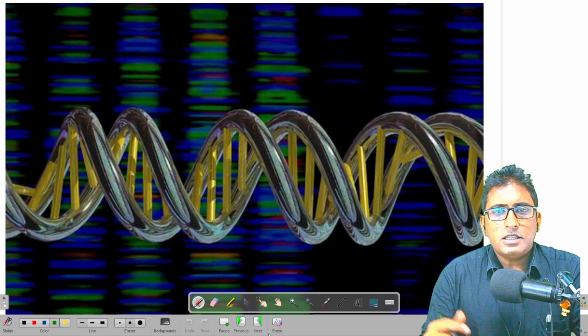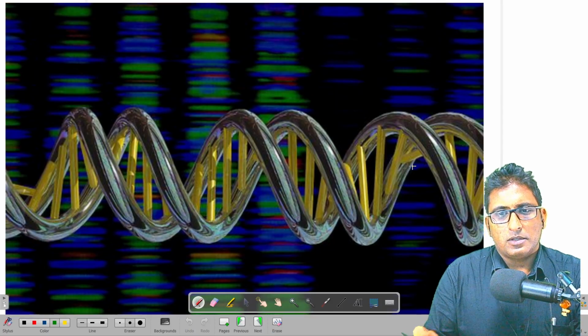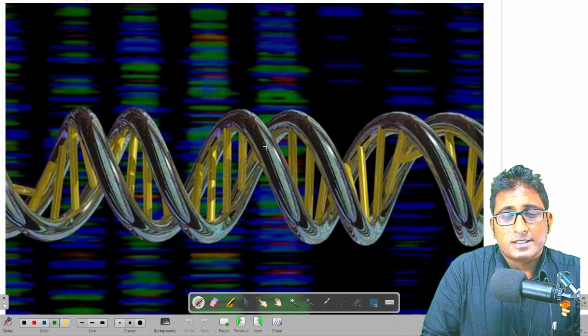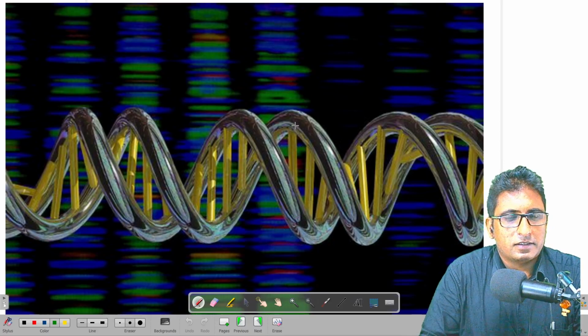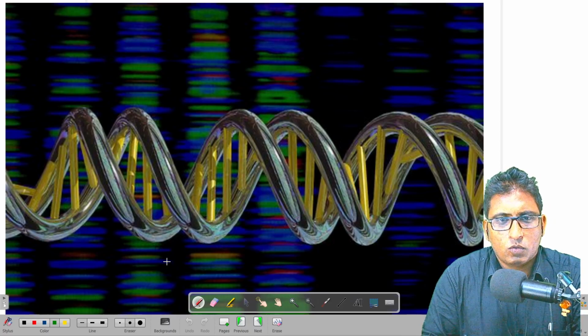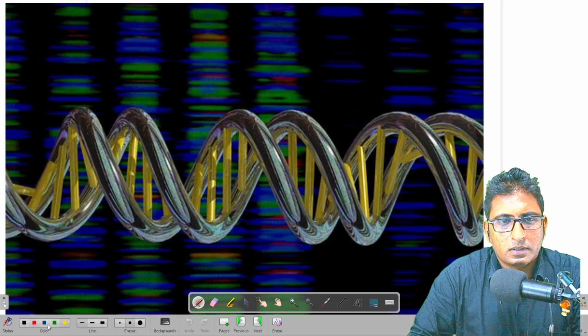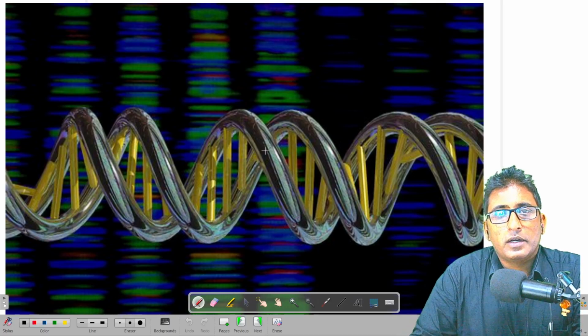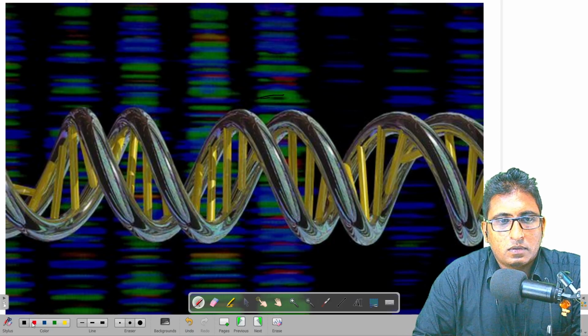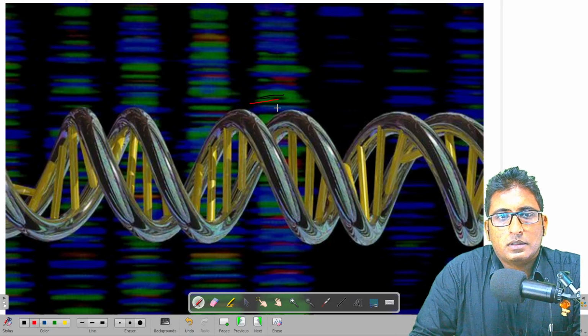The intricate details and some of the terminologies are what we are supposed to learn. This is a structure of DNA, and I'm using it to discuss what exactly the minor groove and major groove are.